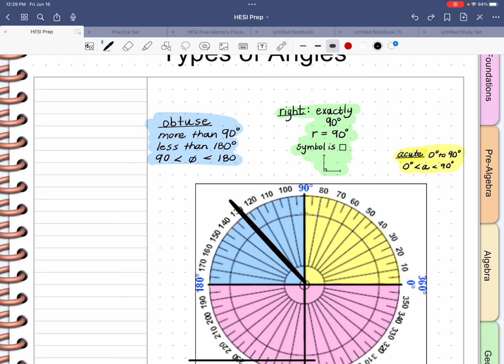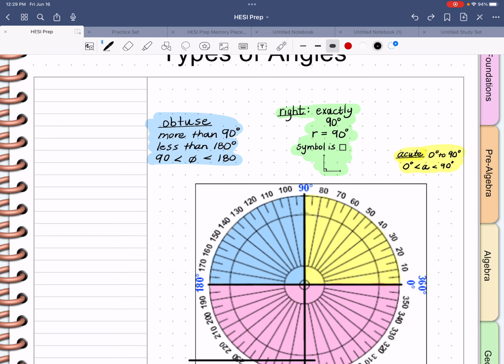Let me draw one that's even more obtuse. Let's do 170. Okay, and you can see this one is a very wide angle. This one is almost lying back in the recliner to be flat. So 170 degrees is very obtuse.